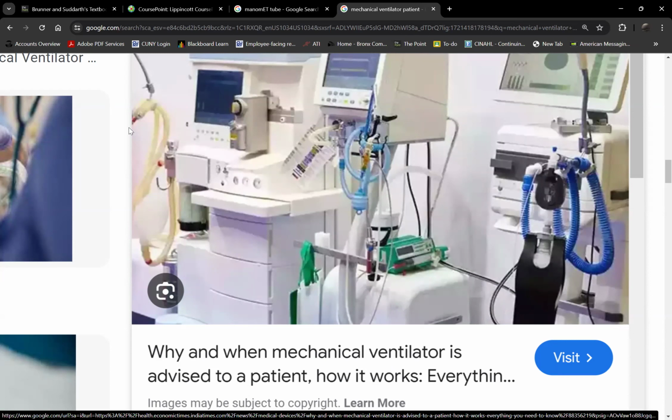So what do you do? You simply disconnect the patient, which takes just a couple of seconds, and drain that tube into a cup. What you do not do is put it back into the humidifier. Obviously, do not put it into the patient's airway, because otherwise you cause aspiration.